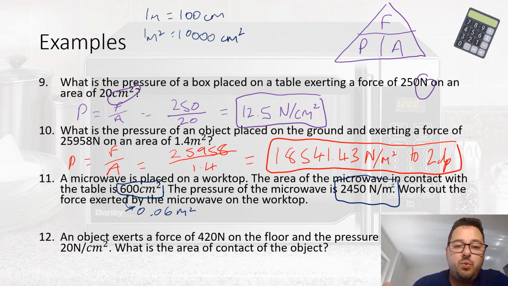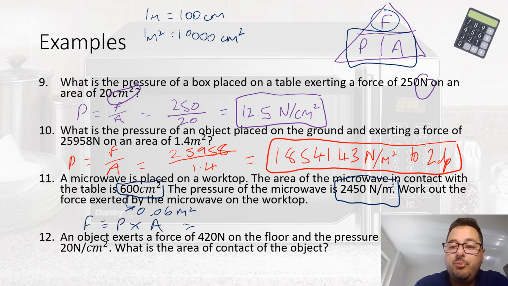Okay, so we want the force. So force is going to be P times A. So force is pressure times area. The pressure is 2450 and the area is 0.06.